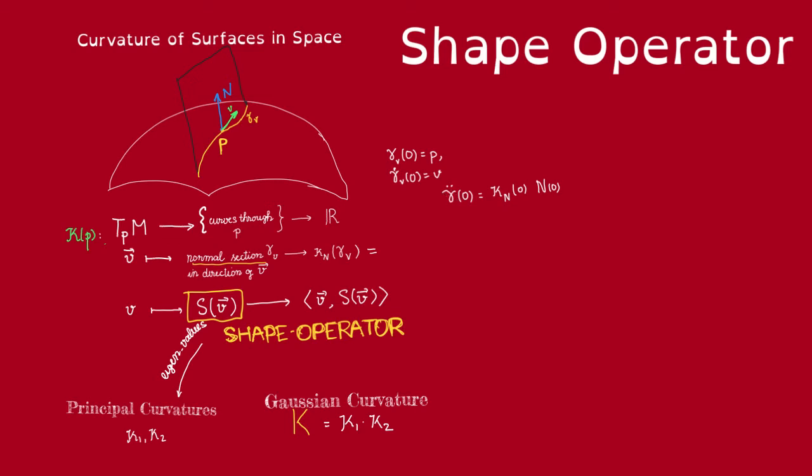So the acceleration vector lies in the span of the normal vector, right? And this coefficient is just going to be the signed curvature. In other words, it's the scalar projection of this acceleration vector onto the normal vector, so we can just get it by using the inner product.